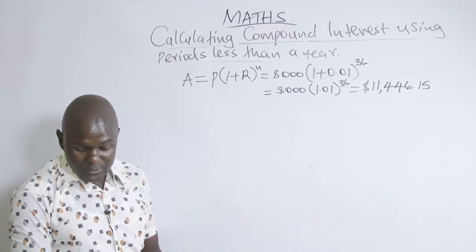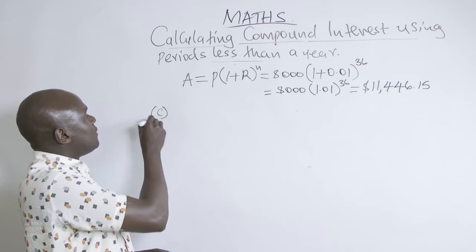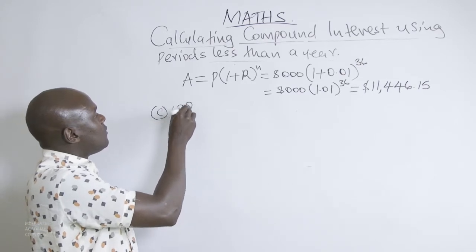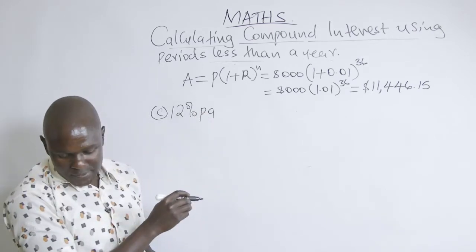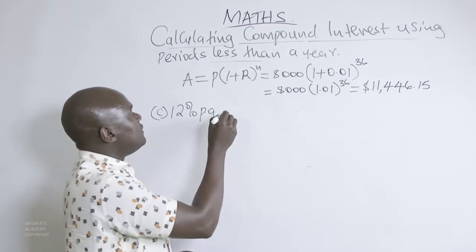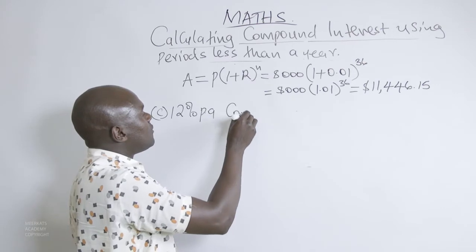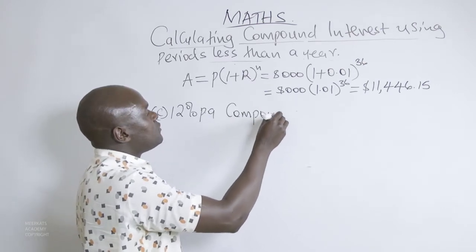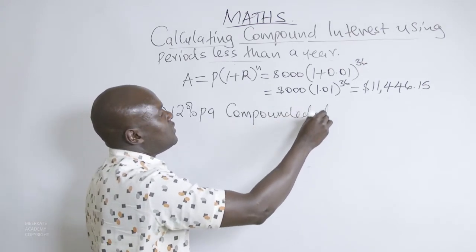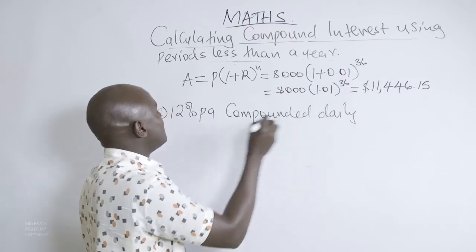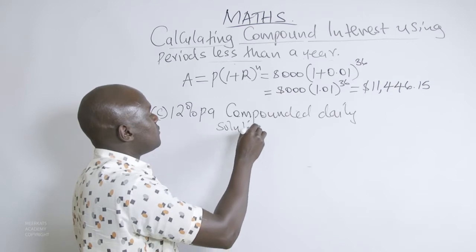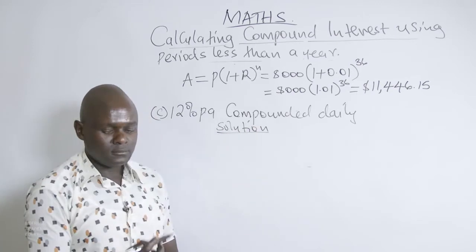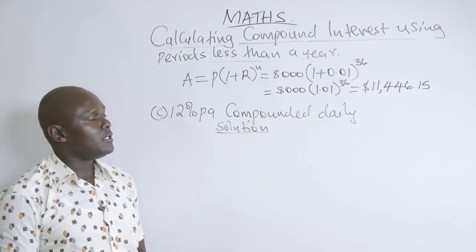The third one is for us to calculate the same rates per year, but this time round they are compounded daily.